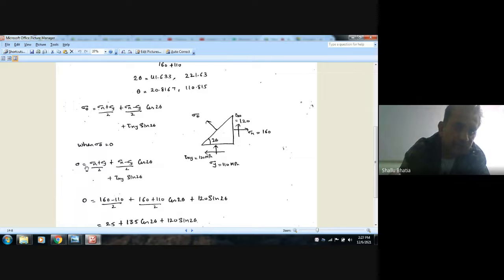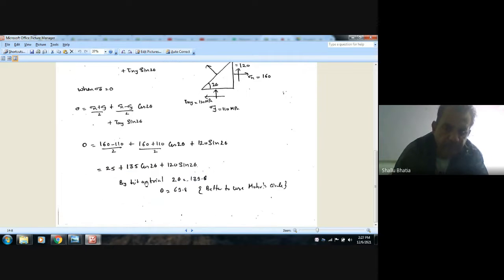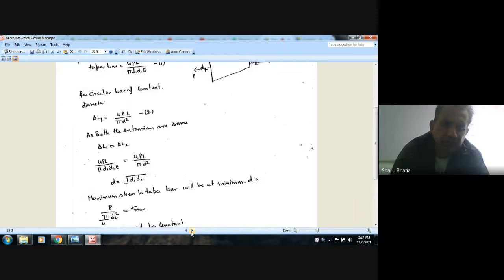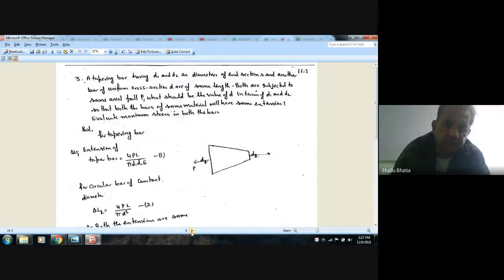Putting sigma theta equal to 0 and putting the value of sigma x and sigma y, you can find out theta. This will be solved by the tan function. Next question.